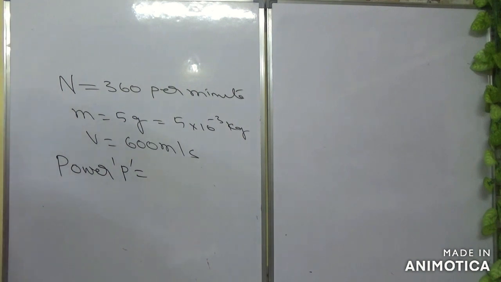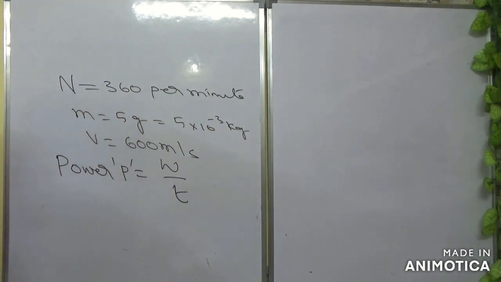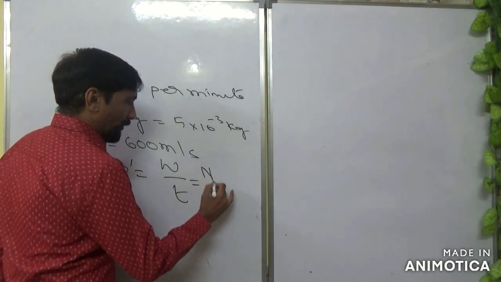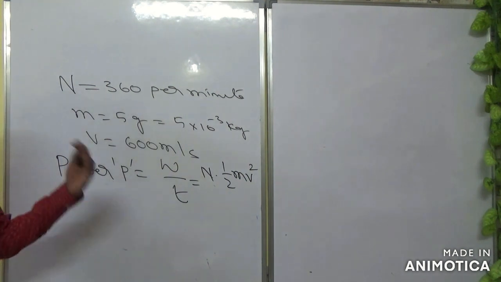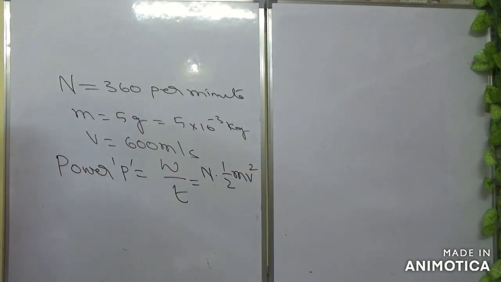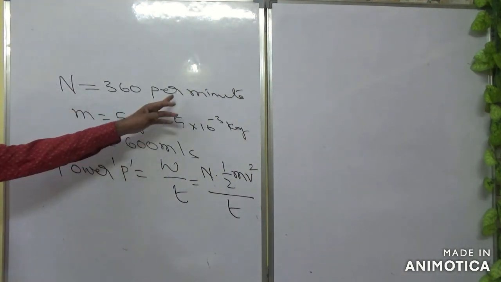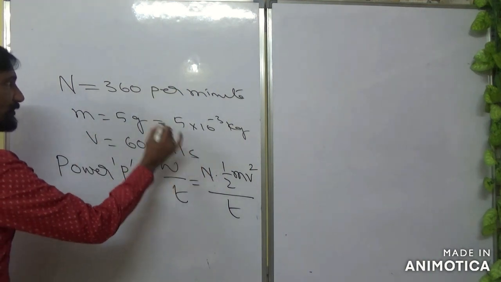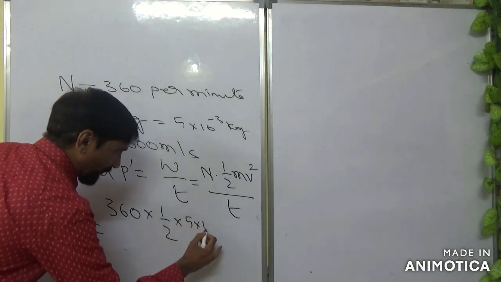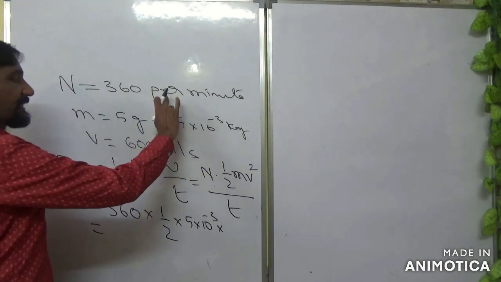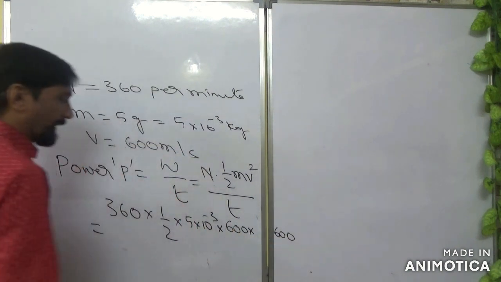So power of the gun P is equal to work done by time taken. Total work done is the number of bullets times half mv square, because a moving bullet possesses kinetic energy, per time. They said per minute, and the number of bullets is 360, half, mass of each one 5 gram, velocity 600 square.